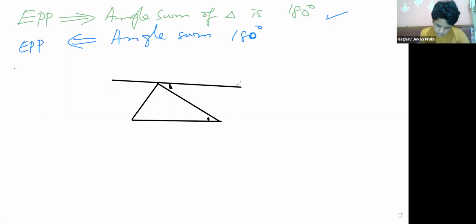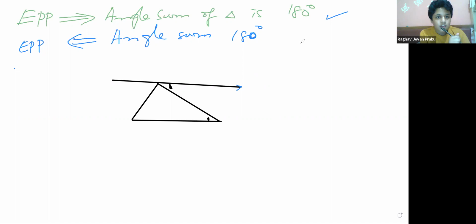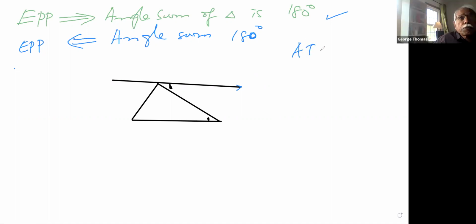Oh, that's not the converse. That is AIAT, isn't it? Yes, sir. Okay, don't confuse. We spent a lot of time, so you are not confused. Good. So these lines are parallel. Agreed. Yes, sir.